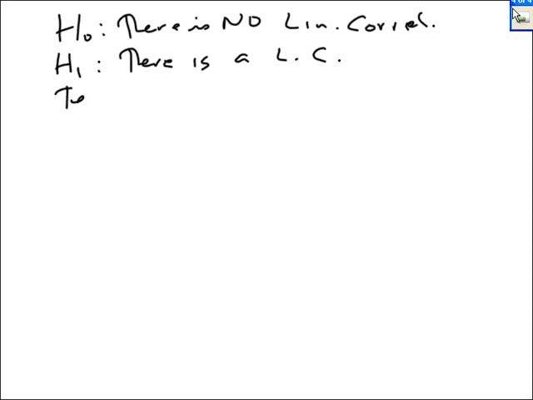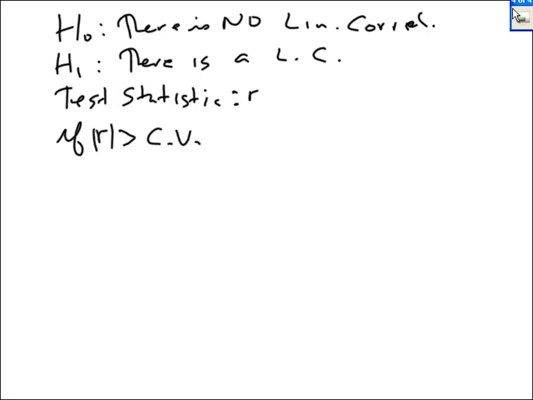And the test statistic is that little r that we just spoke about. If r in absolute value is bigger than the critical value, we reject H0.